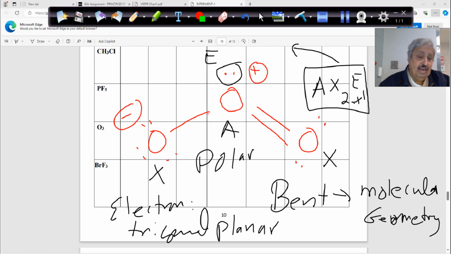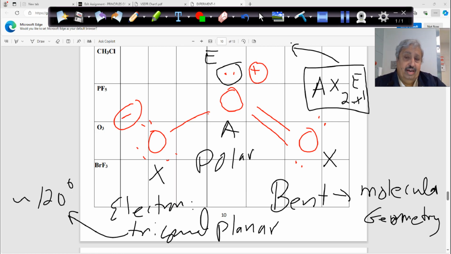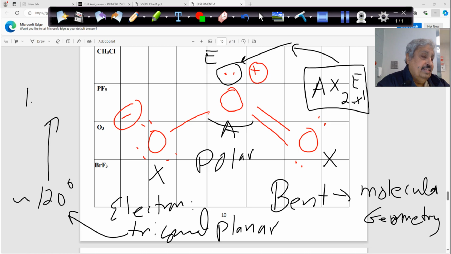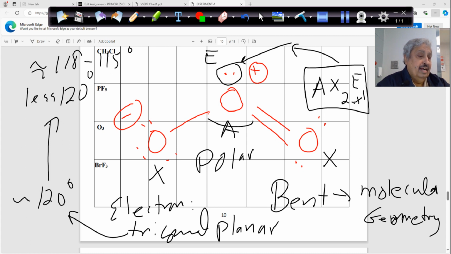The trigonal planar angle is actually 120 degrees, correct? But the lone pair will squeeze the angle further. Maybe it is less than 120 degrees, around 118 to 115 degrees. I don't know. You can check the literature.